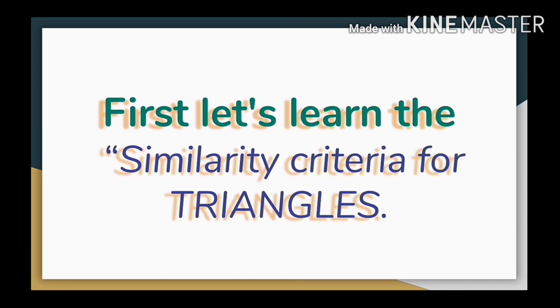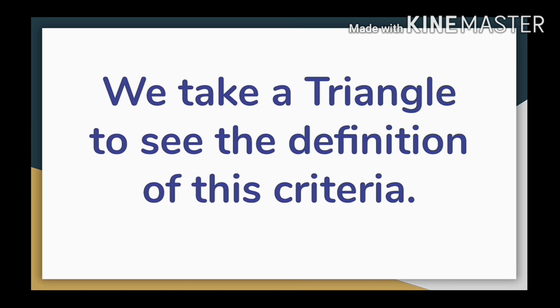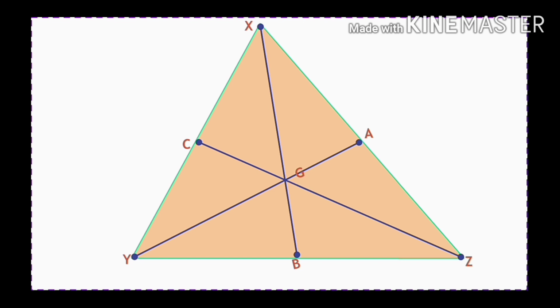First we look into the similarity criteria for triangles. You can take a triangle to see the definition for this criteria. For example, take a diagram. Here are the medians that you get when you draw a triangle and draw the medians for it.